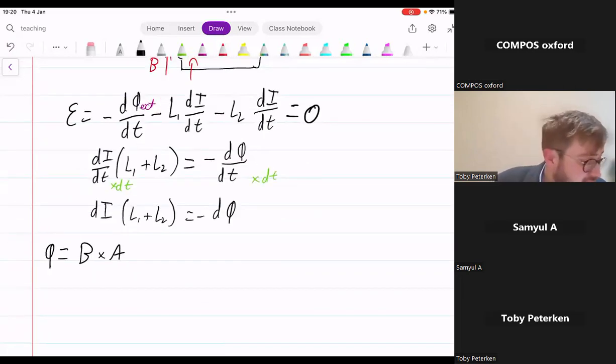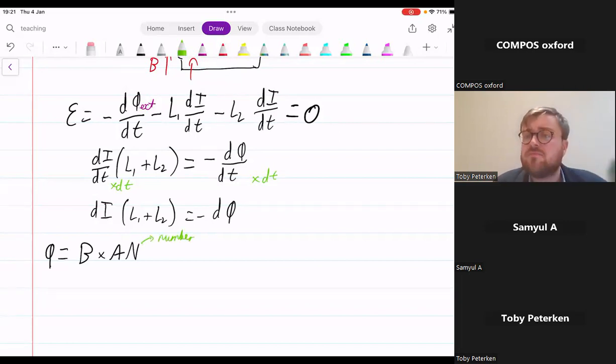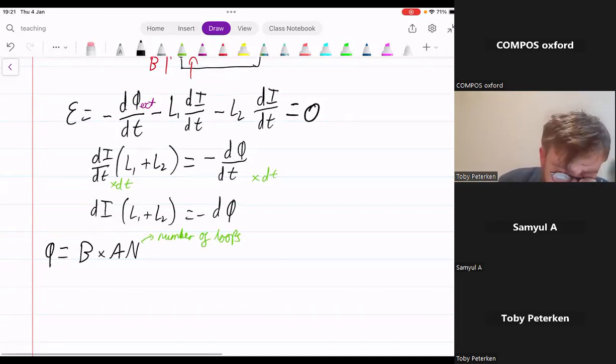But in reality, an inductor is a coil of wire. So the area is not just the area of one loop, there's going to be lots of them. So it's A times N, where N is the number of loops. You will have seen, I think, at least in the notes you've been given, you talk about inductance and fluxes of solenoids. So this is just from there. But maybe it doesn't matter for the answer.